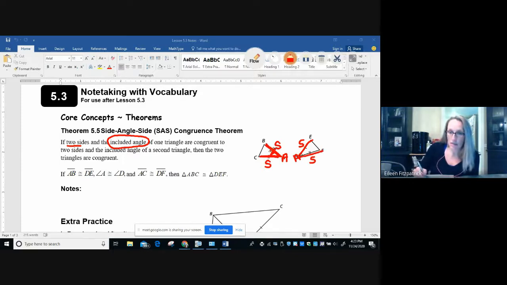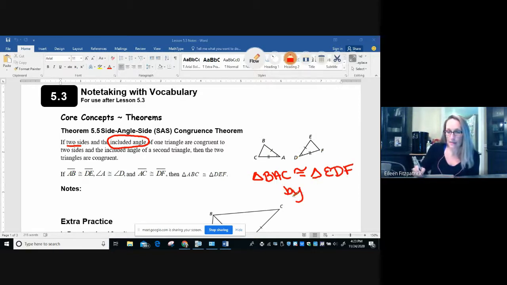So since this side is congruent to this side, this angle is congruent to this angle, and this side is congruent to this side, we can say that triangle, now I have to erase all my scribbles so I can name them correctly, I could say triangle BAC is congruent to triangle, and name the next triangle the same way, so BAC EDF by side angle side.